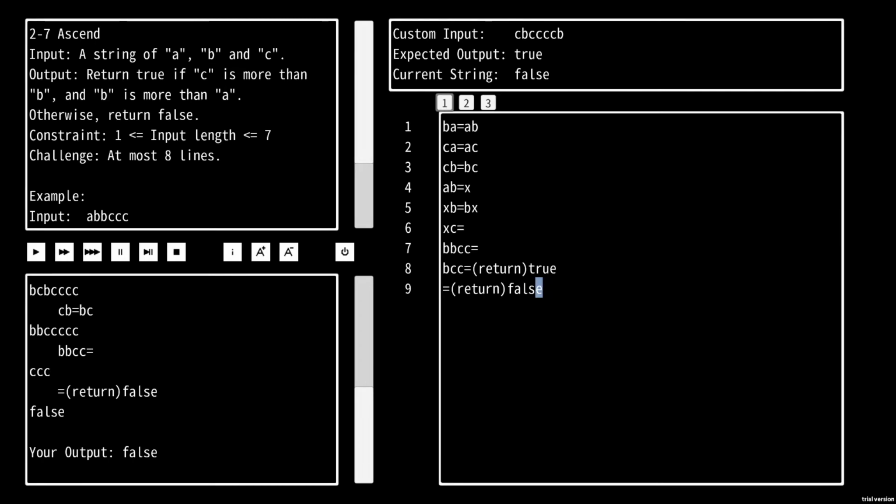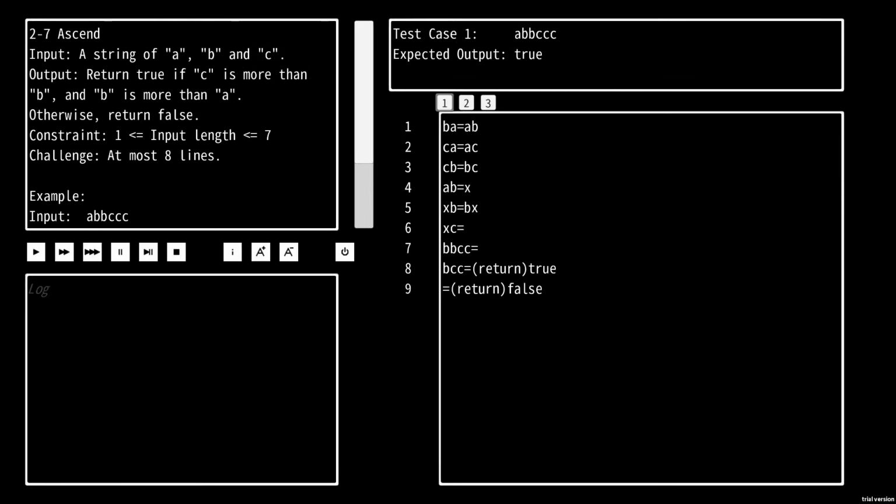Return true if C is more than B and B is more than A. So I need, right. Yeah, I don't know if I can. Do I not get my 11 back? God dang it. Whatever. 8 lines.